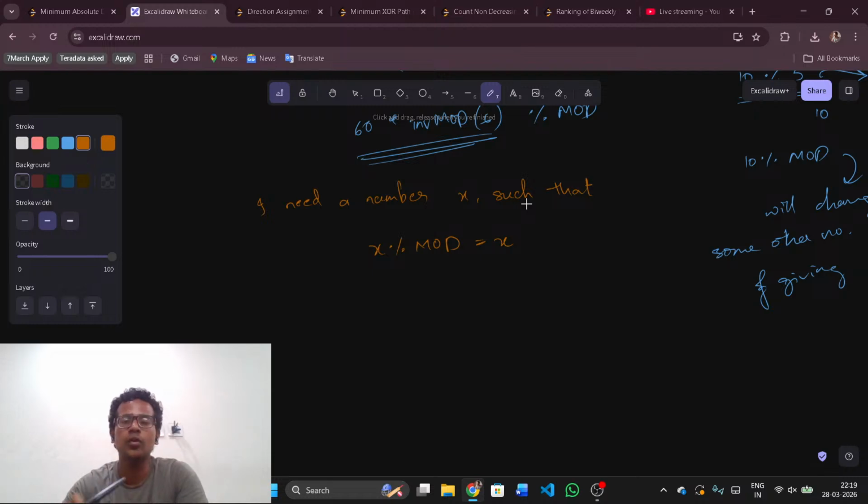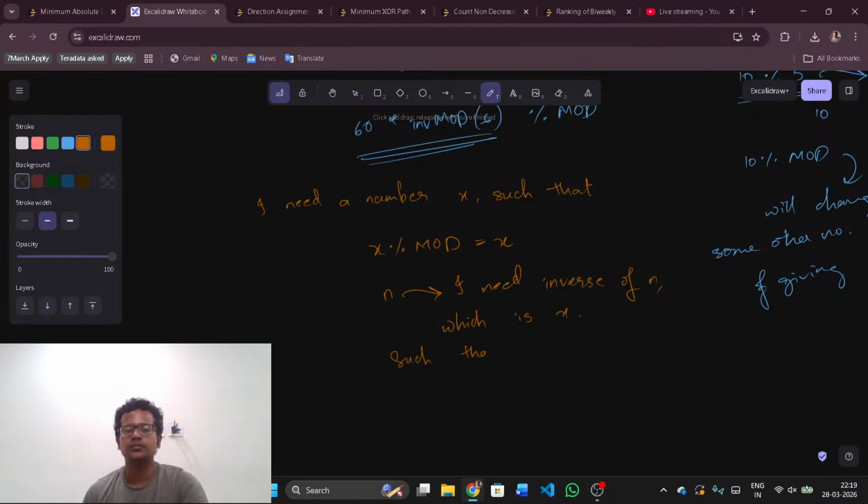How can we achieve that? Let's take a number n. So I need the inverse of n, which is x, such that x modular mod also will be equal to n.